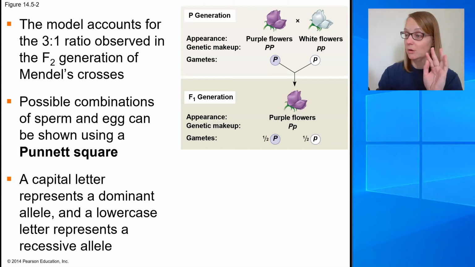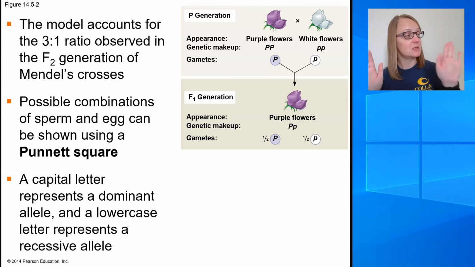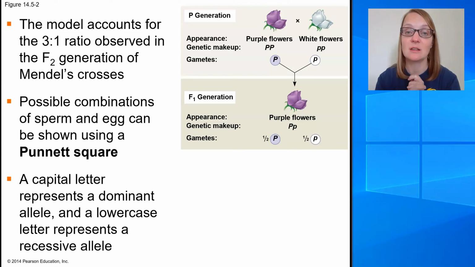One homologous chromosome goes to one set of gametes and the other homologous chromosome goes to the other set of gametes. So the gametes will be 50-50. Half of them will get the dominant allele and half of them will get the recessive allele. And so now we want to know, when you cross these F1 generation hybrids to themselves, what are all the possible options for offspring that we could get?